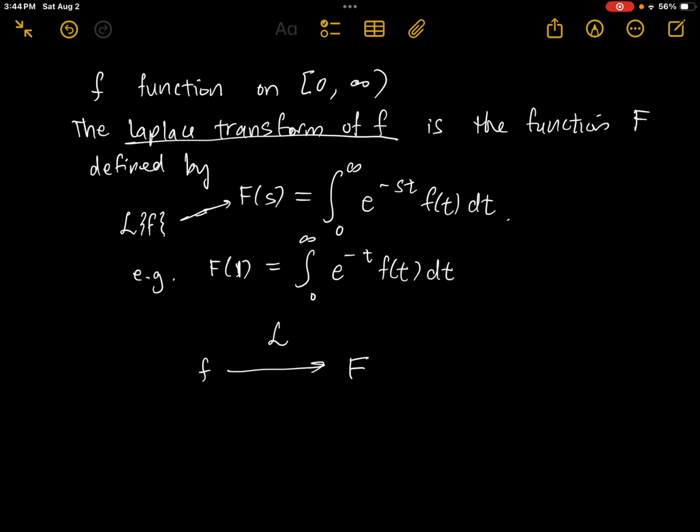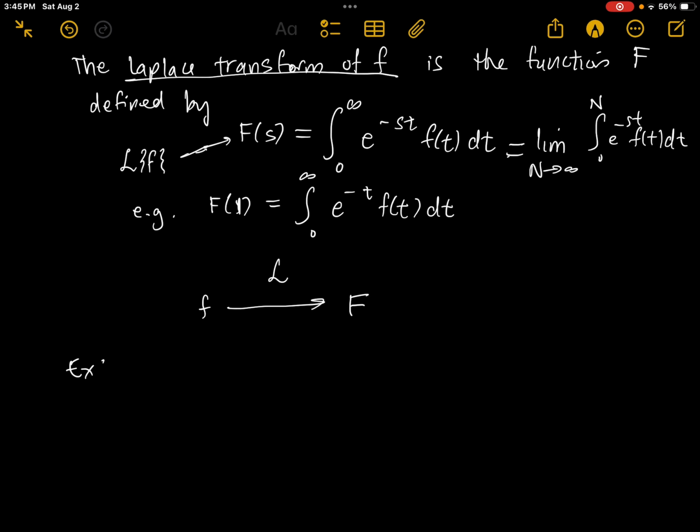Okay. And notice that this is an improper integral from 0 to infinity. So let's just recall what that means. It means that you take the limit as n goes to infinity of the integral from 0 to n. So you may want to review improper integrals if this is unfamiliar to you.